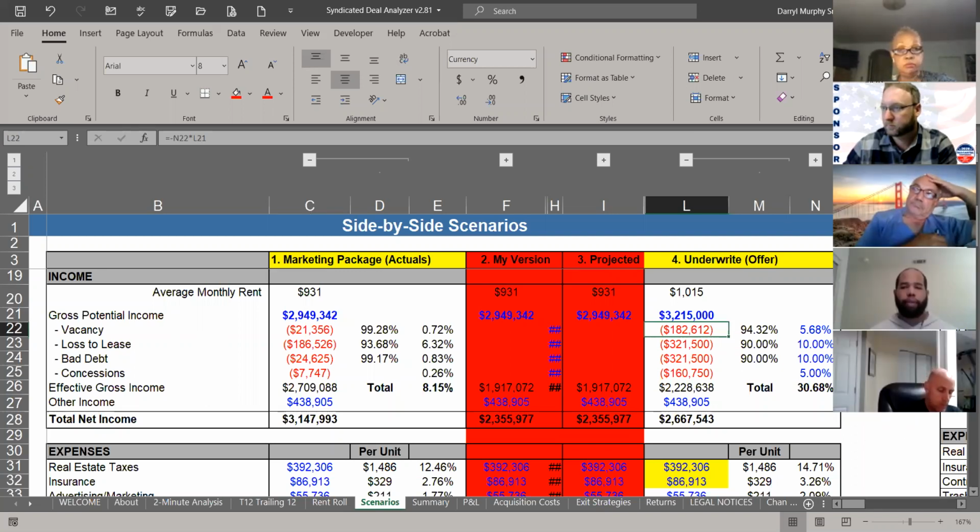Once you do that, you're going to have a balance, and that is your actual loss to lease, the difference between what's now going on and your target of where you're trying to get to. My number is 83,046. Whoever's following me, if my number is wrong, just let me know.